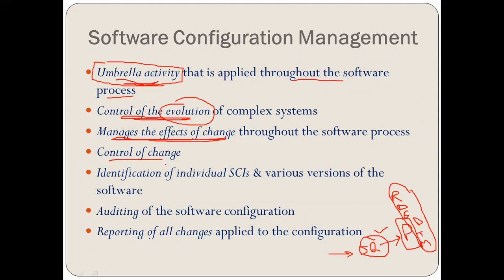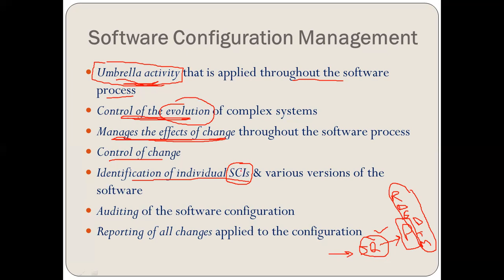Then control of change. The next point is identification of individual SCIs. What is an SCI? SCI is software configuration items. That means whatever we have to change, it can be the documentation part, it can be computer programs, it can be the modules, or it can be certain functionalities which are to be modified.